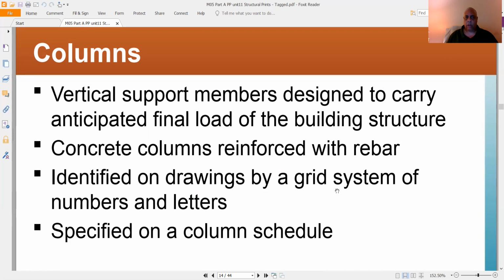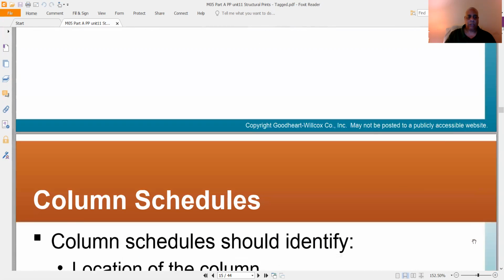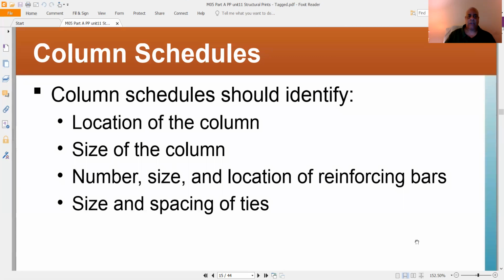On your drawings, columns are identified by a grid system of letters and numbers, and they're usually specified on what we call a column schedule. Column schedules should identify the location of the column, size of the column, number, size, and location of reinforcing bars, size, and spacing of ties.